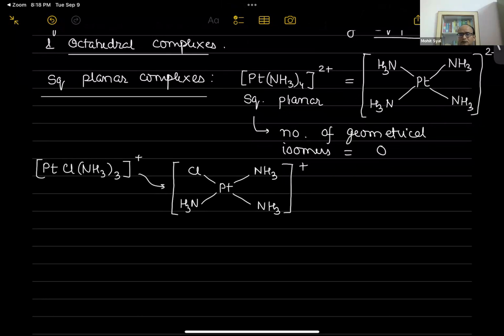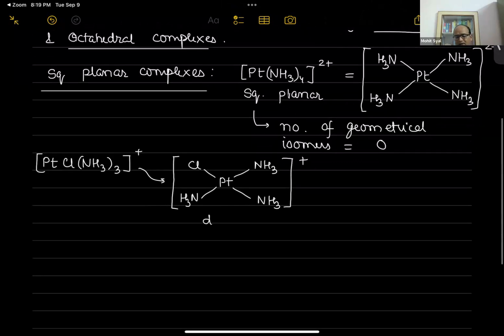So it's showing square planar, right? The structure. It is a square planar complex. Yeah, dsp2 hybridization. So if I interchange any NH3 with the Cl, are we going to get a new isomer?